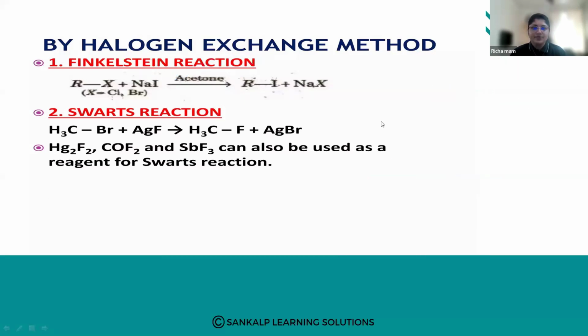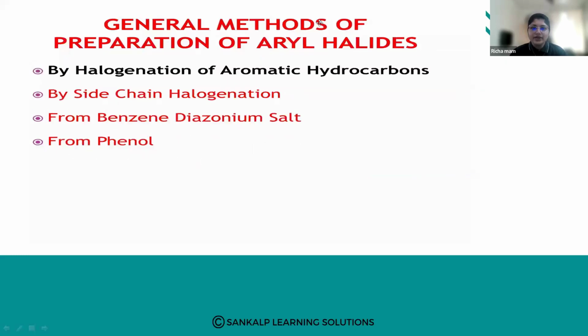So next we are going to see is the general methods of preparation of haloarenes or aryl halides. First is by halogenation of aromatic compounds, then by side chain halogenation, then from benzene diazonium salt, and from phenol.